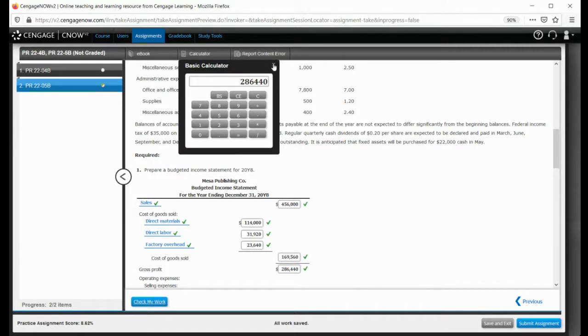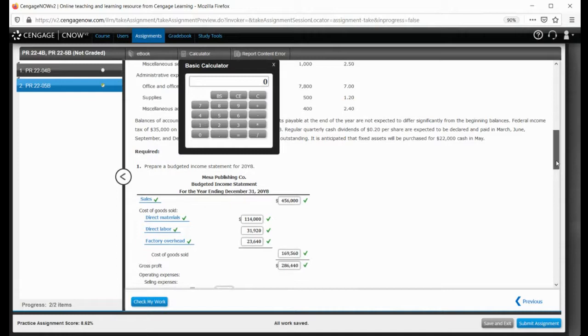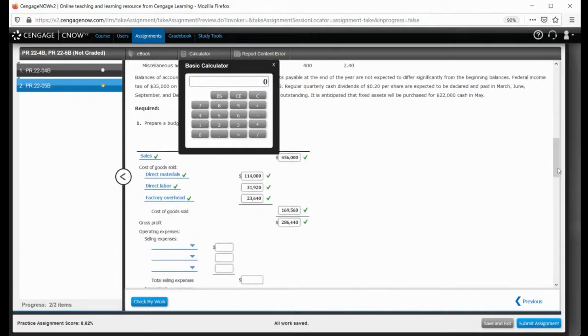And just like in your other income statements, your gross profit is going to be what you have left to cover your operating expenses.